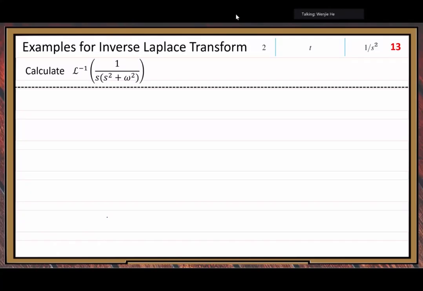This function, the numerator, is relatively complicated. But if you look at the structure of the numerator, 1 over s here, see? Does that structure correspond to our previous formula, the theorem?